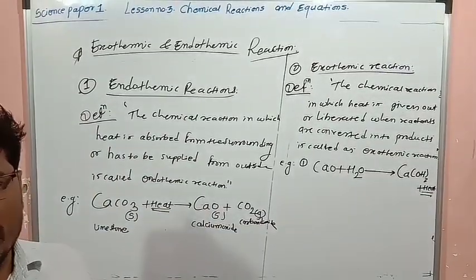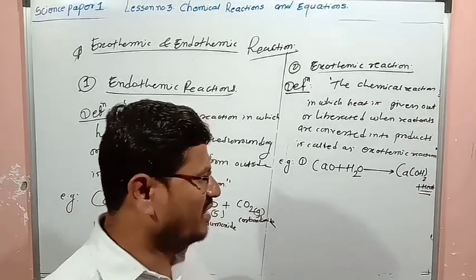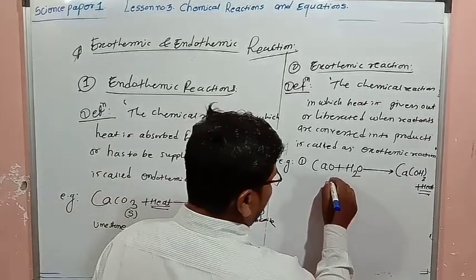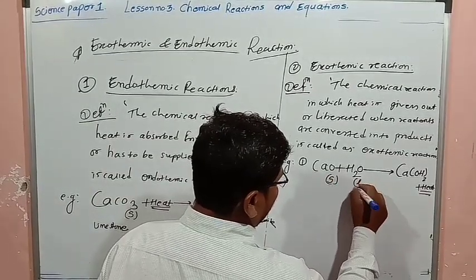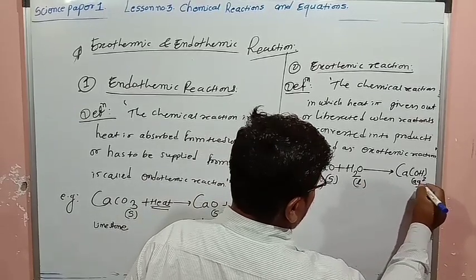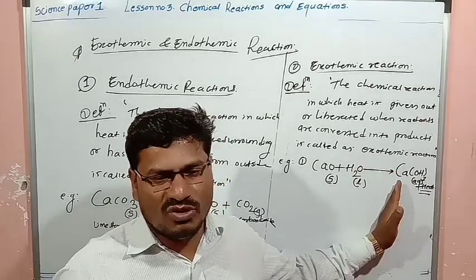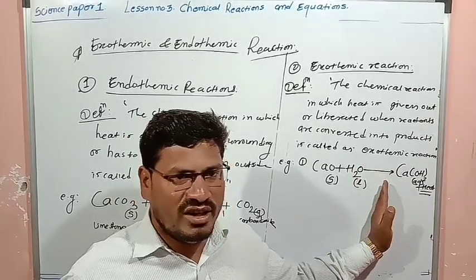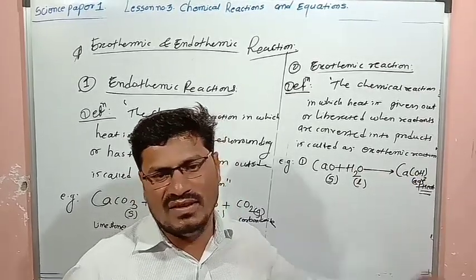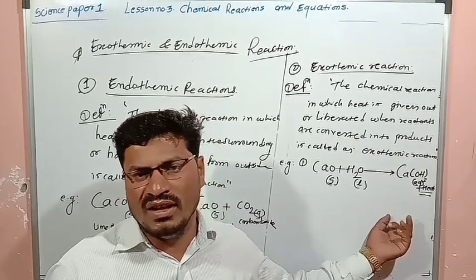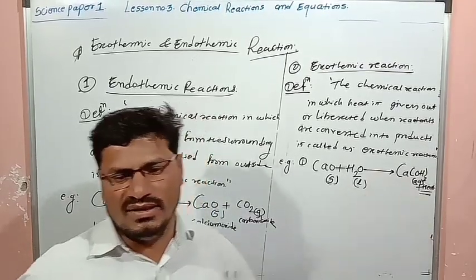This reaction is an exothermic reaction. This one is solid, this one is liquid, and this one is aqueous. So calcium oxide plus water gives calcium hydroxide, and heat is liberated. So this reaction is an exothermic reaction.